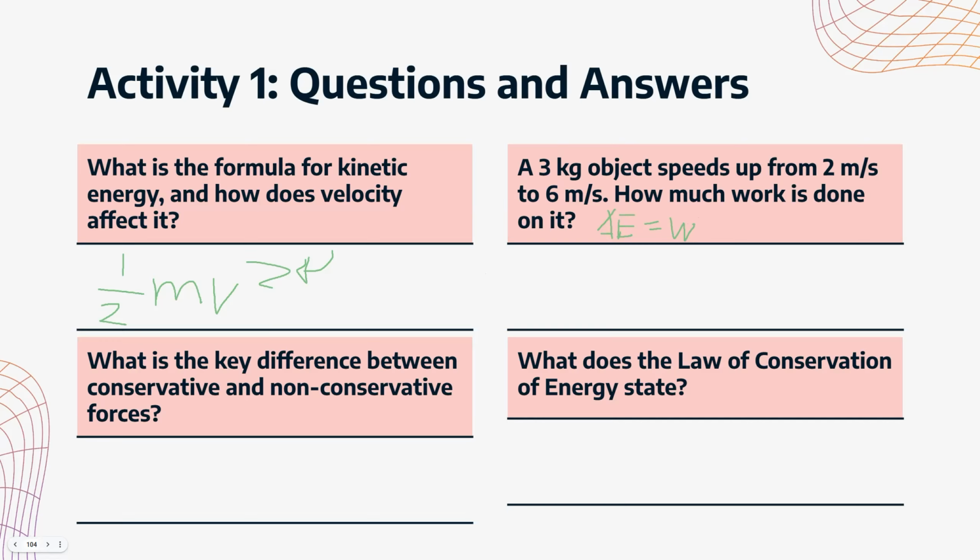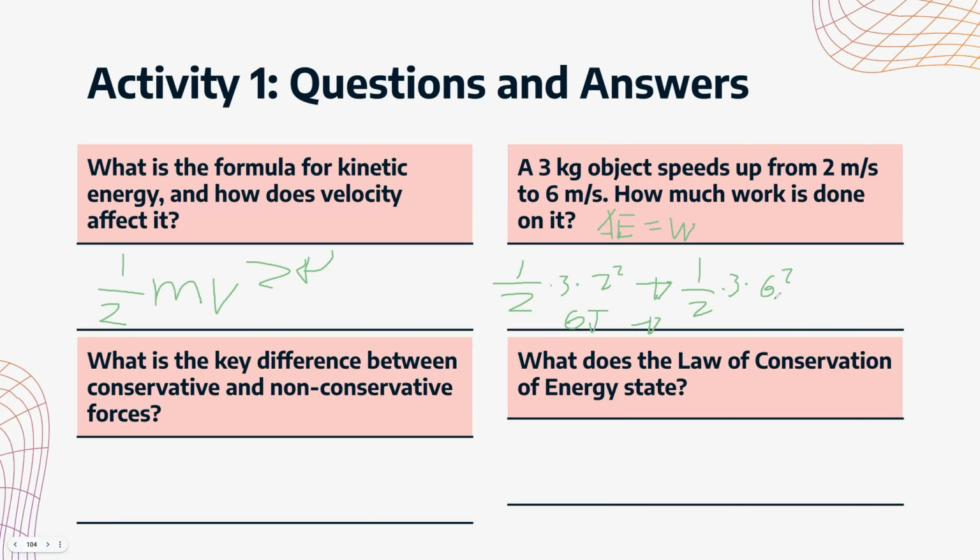Solving for this: 1/2 times 3, which is the mass, times velocity squared. Initially the velocity is 2, and 2 squared is 4. It turns into 1/2 times 3, mass stays the same, times 6 squared, which is the new velocity. So the first is 6, and the unit is joules, right? Yeah, 6 joules.